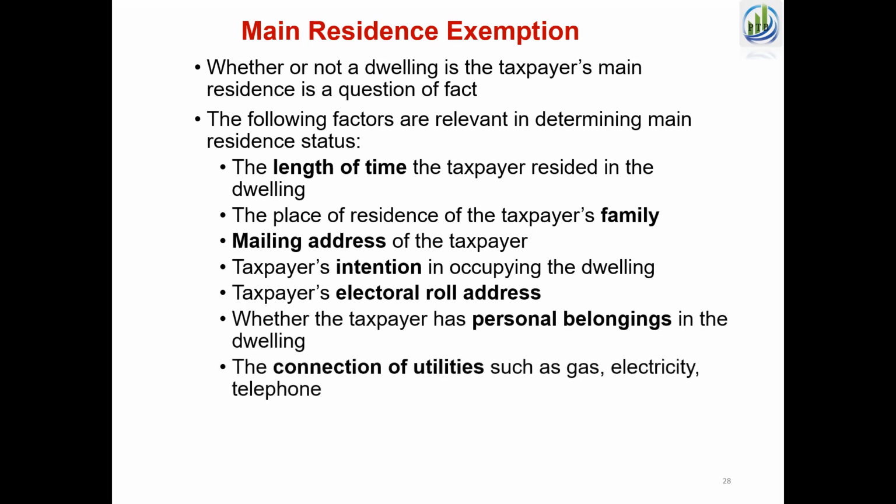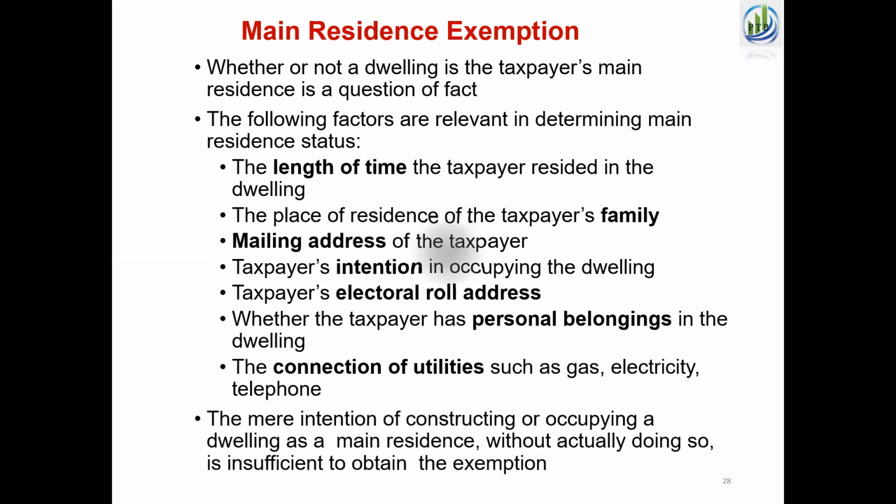All these questions will be asked in the case law to determine your main house. But under the normal rules, if somebody is living in a house, in the ordinary meaning of the word, any person looking at it would say they are living in that house, and that is going to be their main residence, right? That's the way it works.